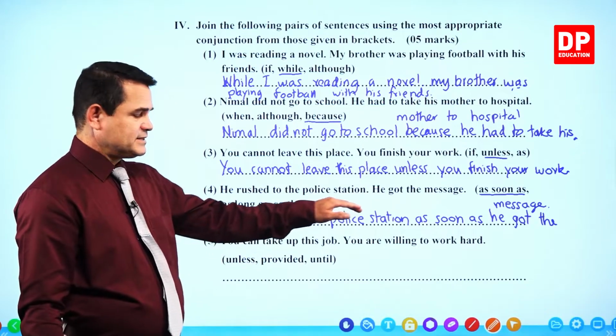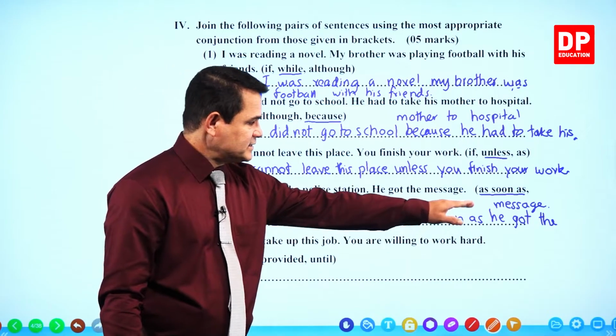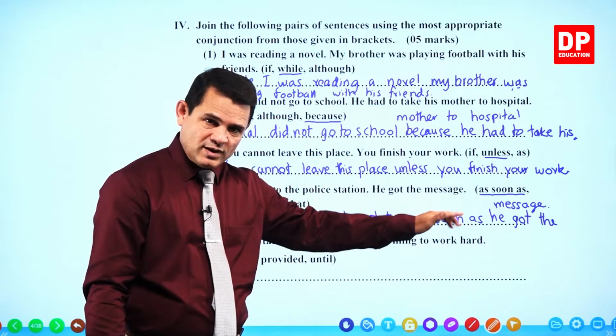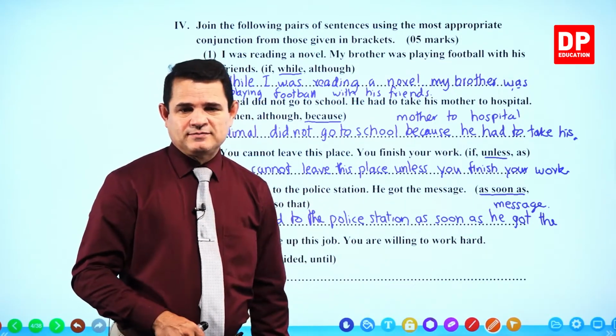He rushed to the police station as soon as he got the message. එයාට පණිවිඩය ලැබුණු වහාම police station එකට දිව්වා.